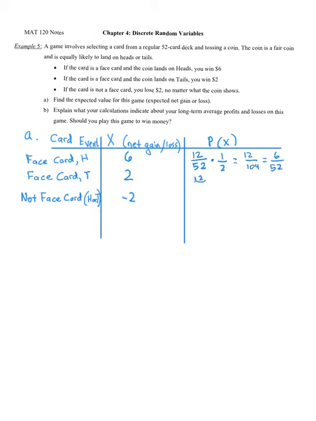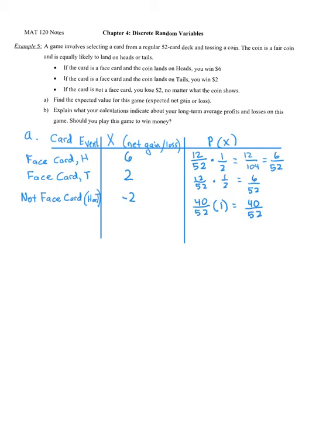The probability of getting a face card and then a tail, again, will equal the same as the above. And the probability of getting not a face card is 40 out of 52. The probability of getting a head or tail is certain. It's 1 or 100%.